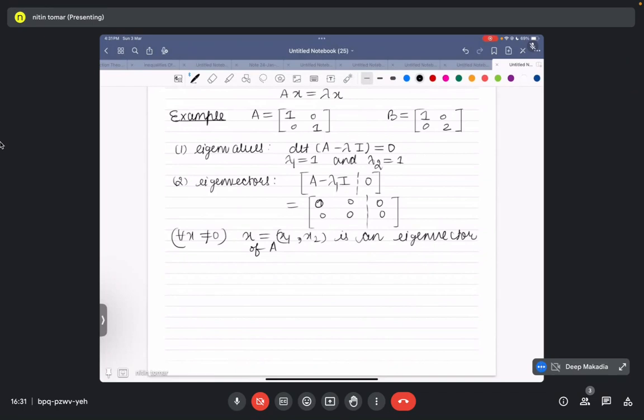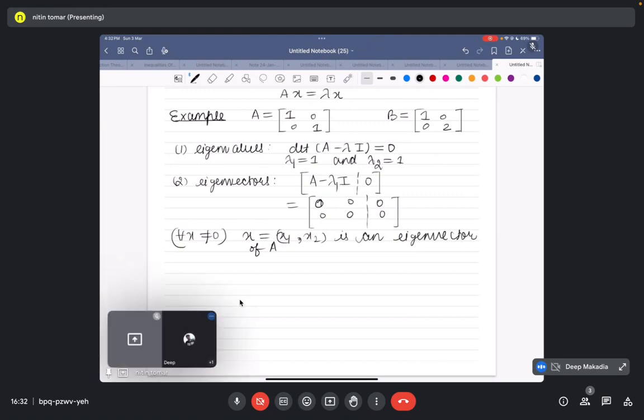Pick any standard linear algebra book and you will find it. And if you still have difficulty, maybe we can discuss it the next time. Besides that, do you have any doubt? Okay, then you may leave the meet.